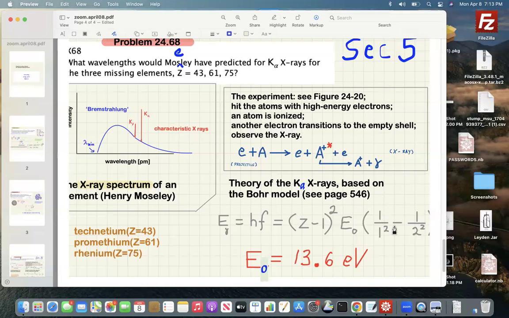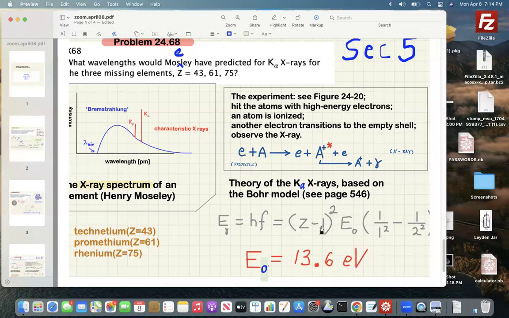So that's 1 over 1 squared minus 1 over 2 squared times 13.6 times the charge of the nucleus squared. Only it's not really a nucleus, it's an ion. So the interior positive charge is 1 electron charge less than the charge of the nucleus.